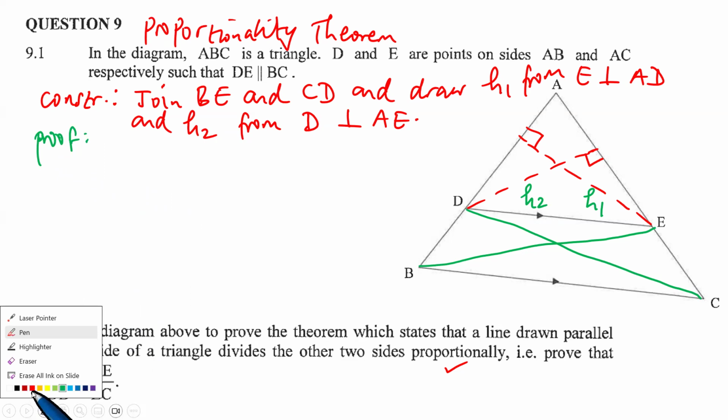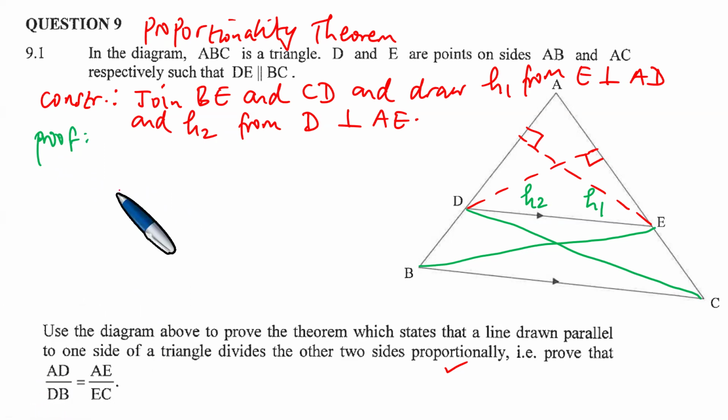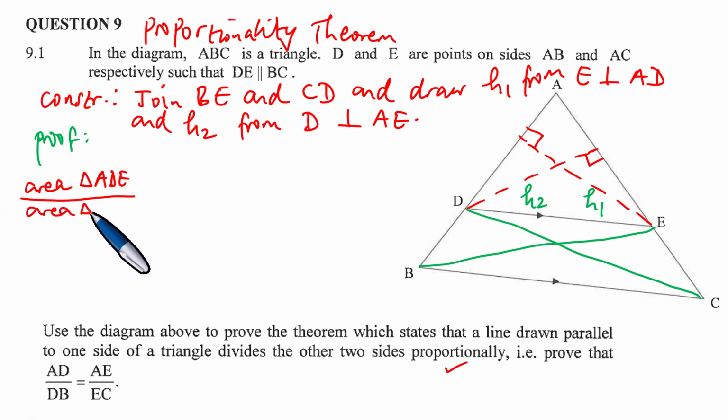In presenting the proof, we write it in red. And we say area of triangle ADE over area of triangle BDE.